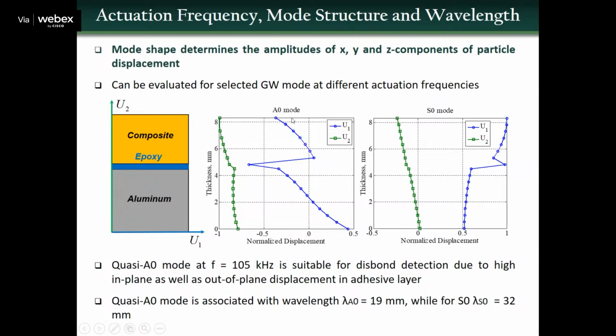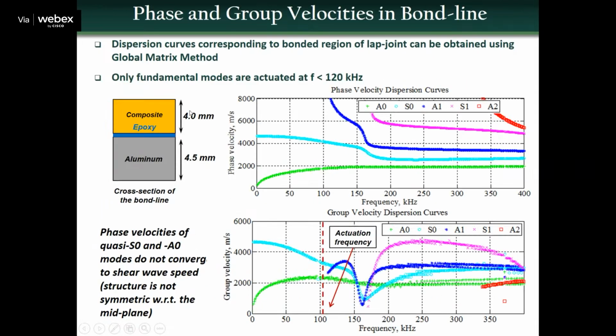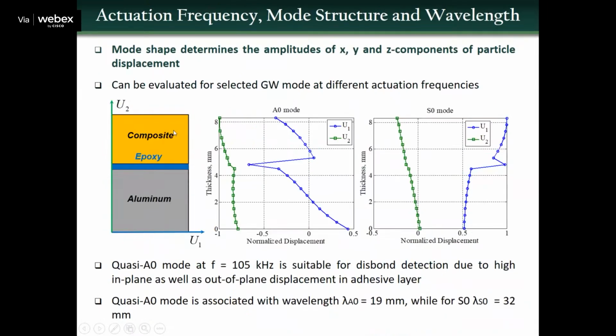And now for A0 mode and S0 mode, you can get the displacement at different thickness. As shown here, in our study, the thickness is 4 plus 4.5 with a few millimeters of epoxy in between.